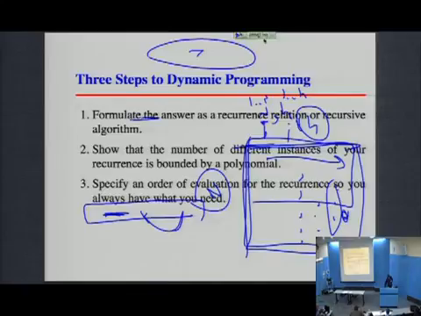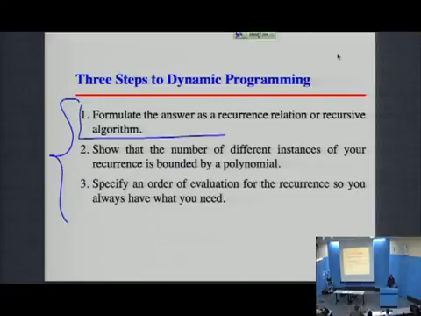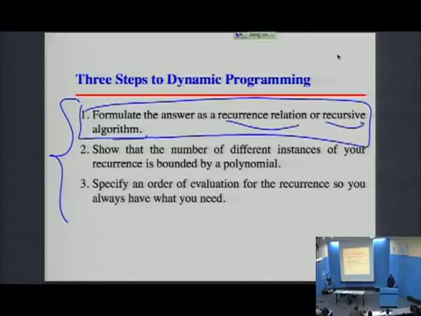So, just again, to summarize, there are 3 things we're going to do in general to solve these problems. We are going to describe what we want to compute by a recursive formula or a recursive algorithm. We are going to show that although it is recursive, the number of different arguments to your recursive function isn't that large.